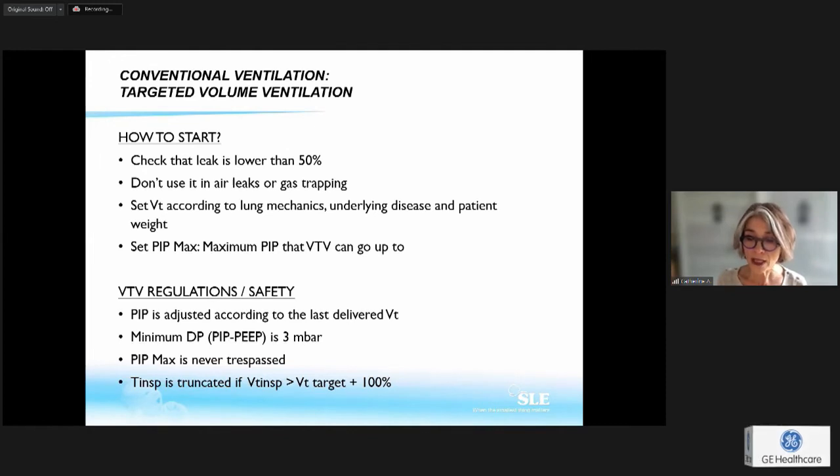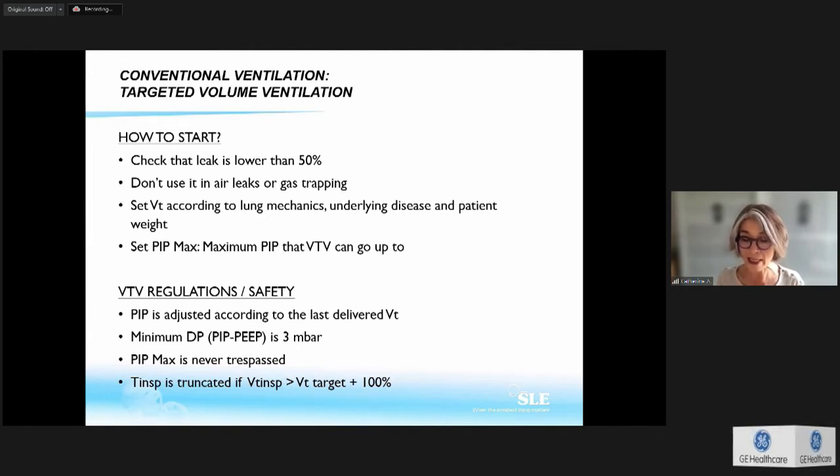We don't use it when we have air leaks or gas trapping. When the ventilator compensates for leaks, it always assumes, when it sees that you push a tidal volume of, for example, 10 milliliter and you get only 8 milliliter, that the leak is at the ET tube. So it will increase your inspired tidal volume to get the 10 milliliter of exhaled tidal volume that you want.